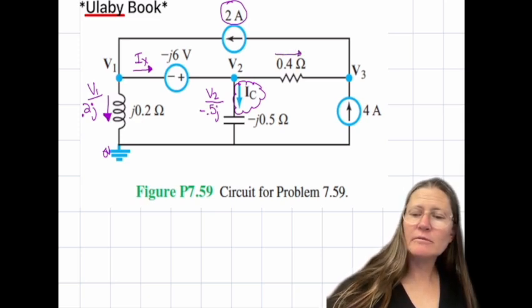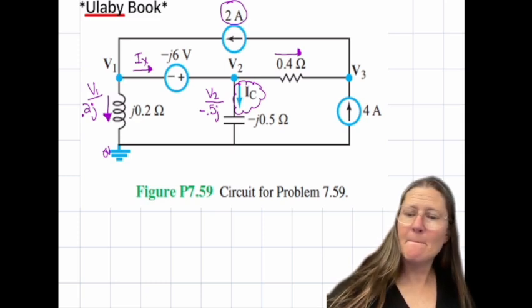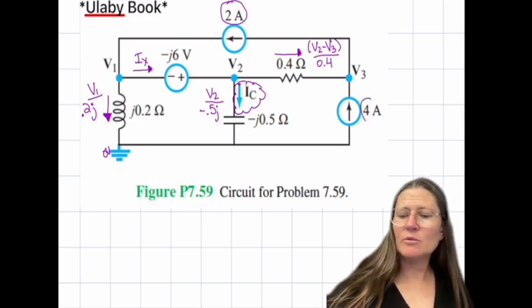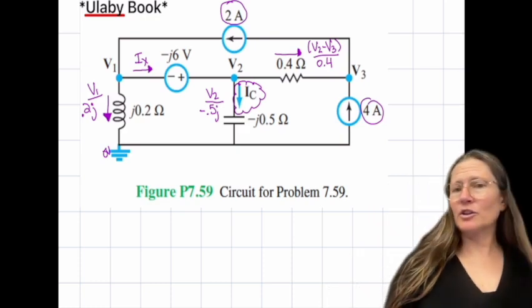This current is what? Correct. V2 minus V3 over 0.4. And then this path has the defined current.